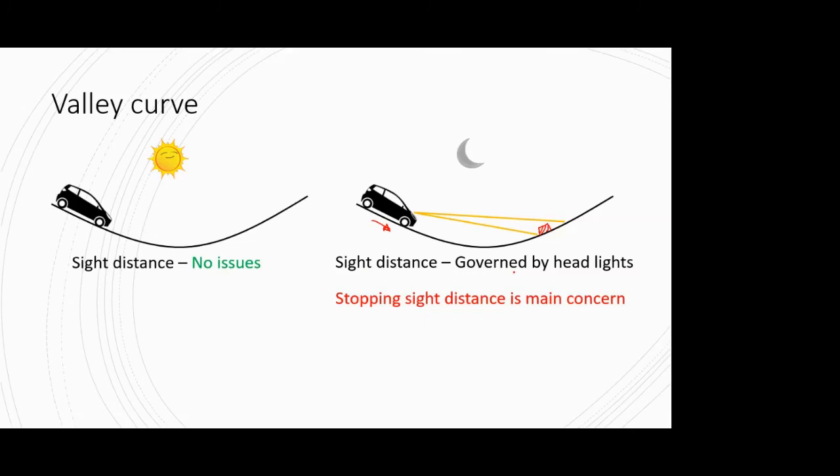Also, in sight distance we have seen two types, that is stopping sight distance and overtaking sight distance. Obviously stopping sight distance is going to be the main concern for us. You will wonder about overtaking sight distance. Again, go to that scenario: you are traveling at night on this valley curve.